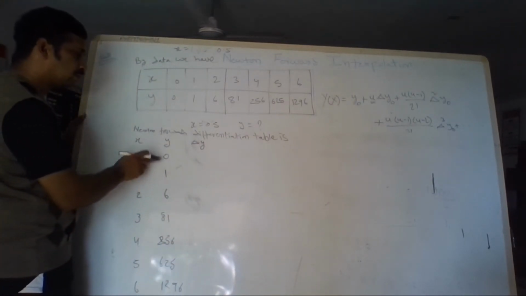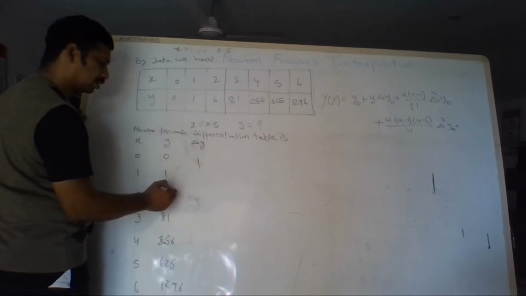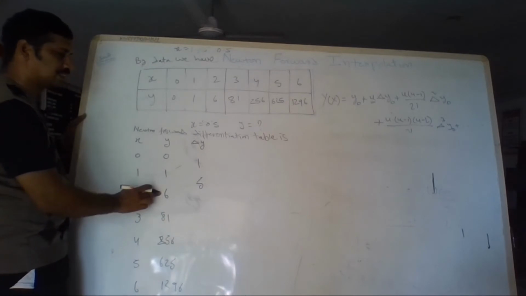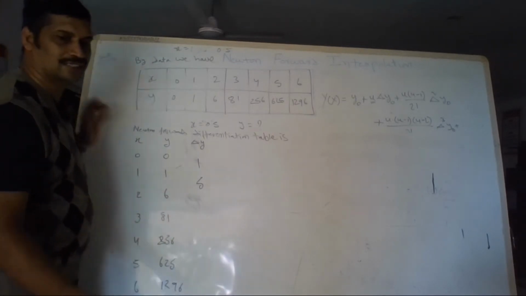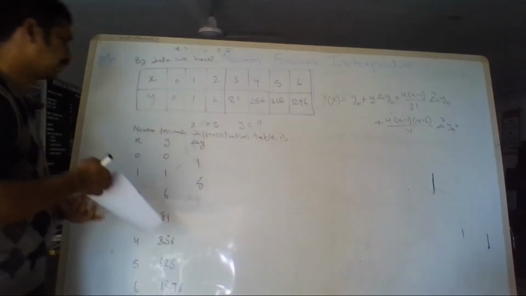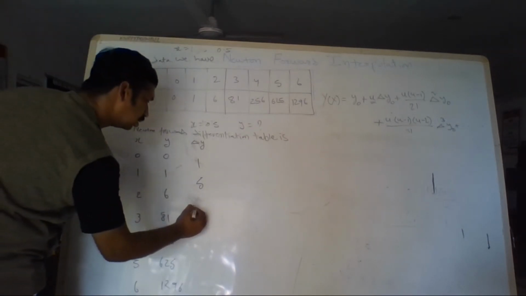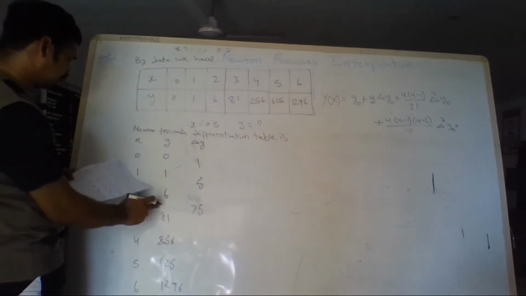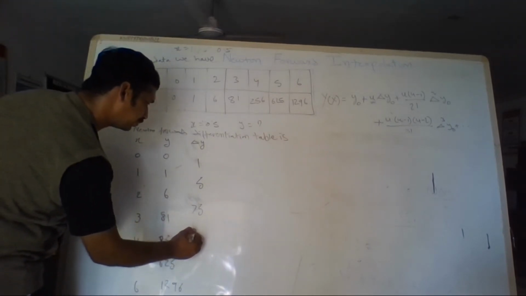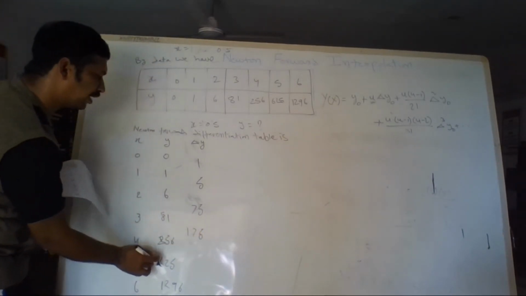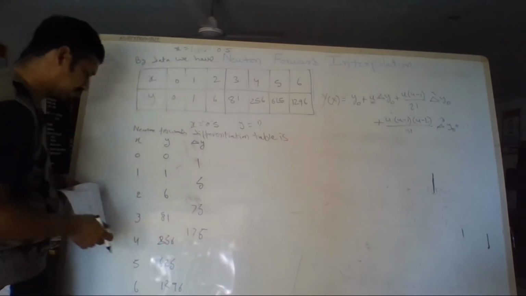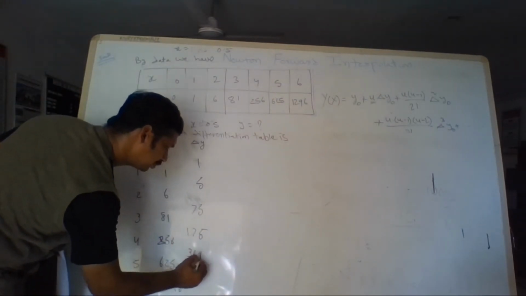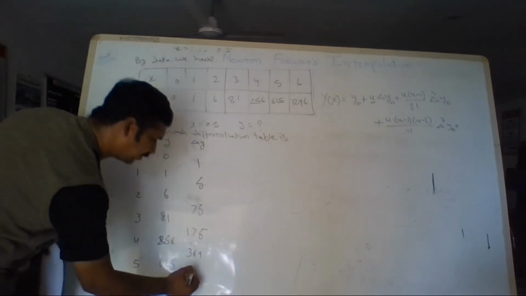Delta y equals 1 minus 0 is 1, 6 minus 1 is 5, 81 minus 6 is 75, 256 minus 81 is 175, 625 minus 256 is 369, and 671.